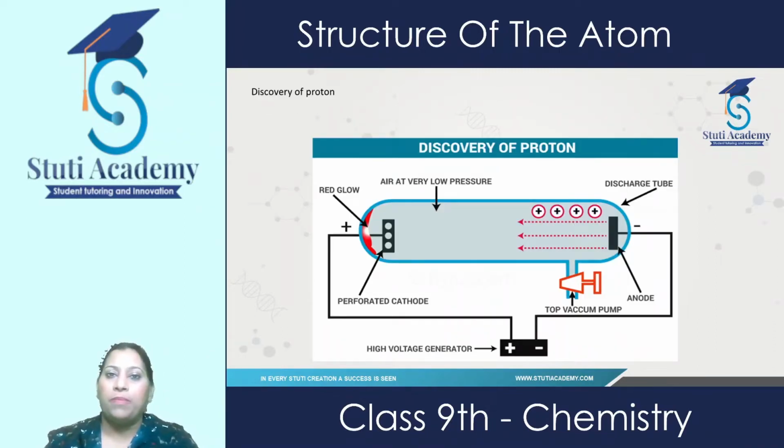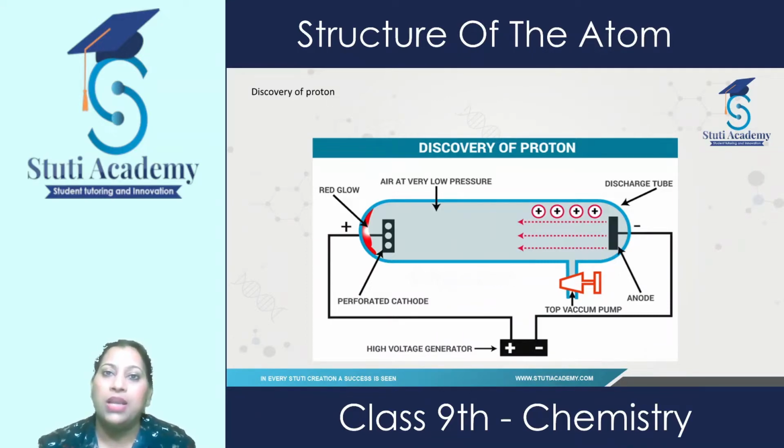The next subatomic particle is the proton. Proton was discovered by E. Goldstein. In his experiment, he also opted for a discharge tube, and in this discharge tube, he also took 2 electrodes. One is cathode and one is anode. But in his experiment, this cathode is perforated, which means it has some canals or pores in it.